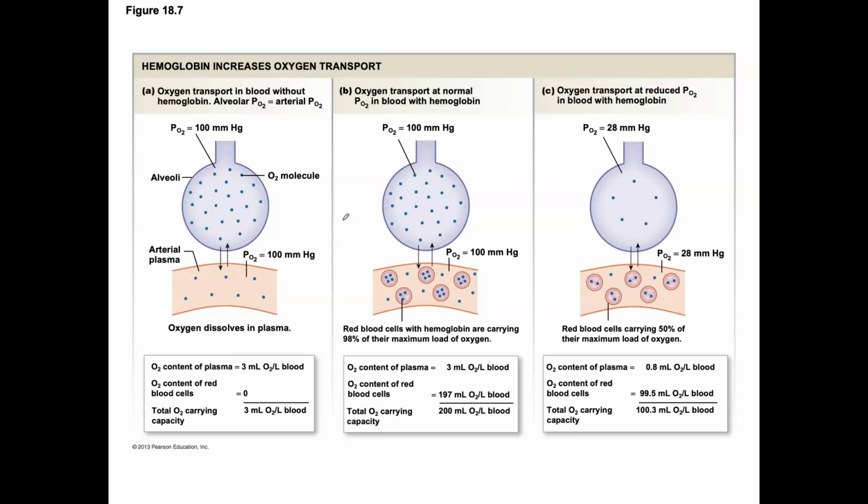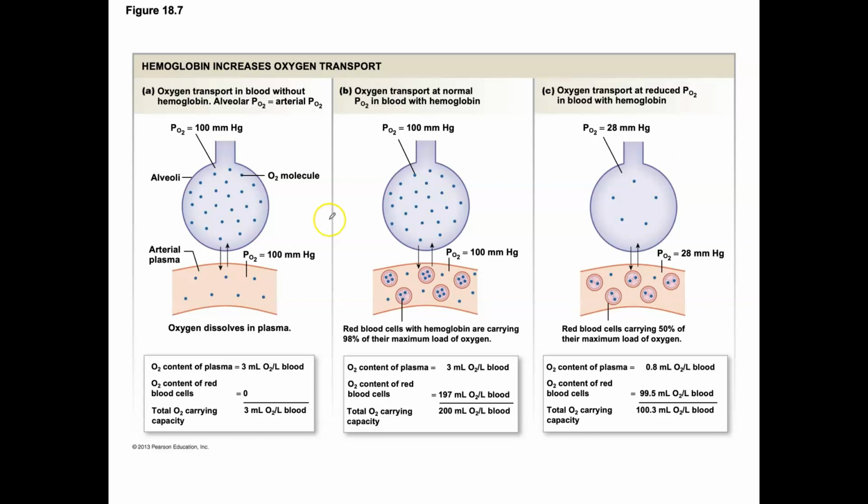So partial pressure of oxygen obviously is very important, but how much hemoglobin we have is also very important as well. So partial pressure of oxygen available to the body is affected by the air that we breathe, our ventilation rate, and how well we exchange gases between the alveoli and the circulatory system.